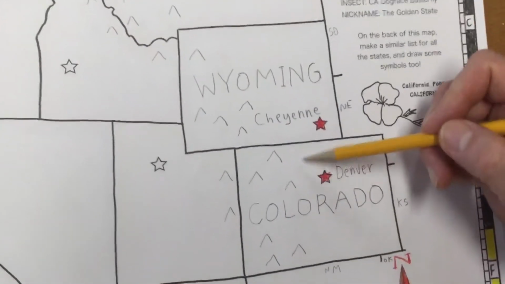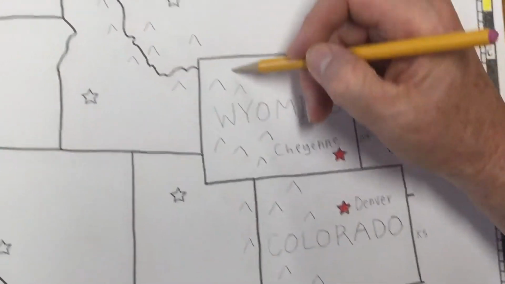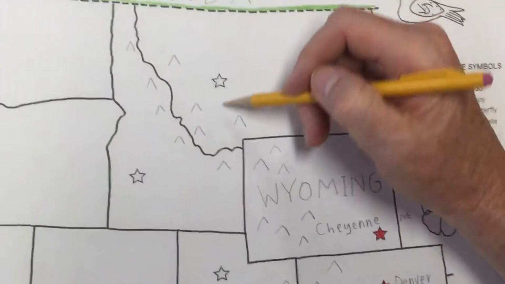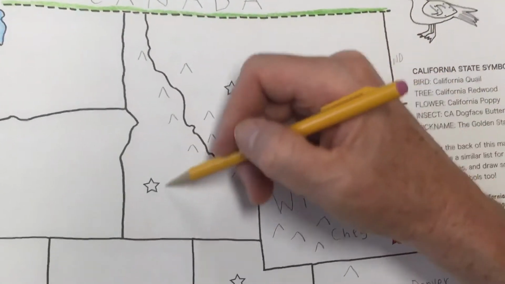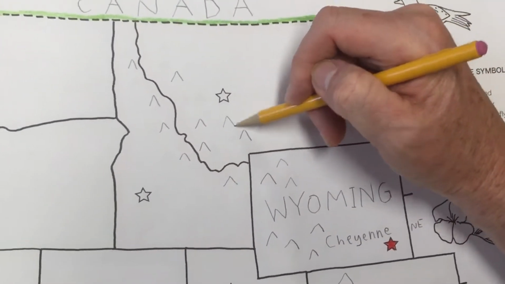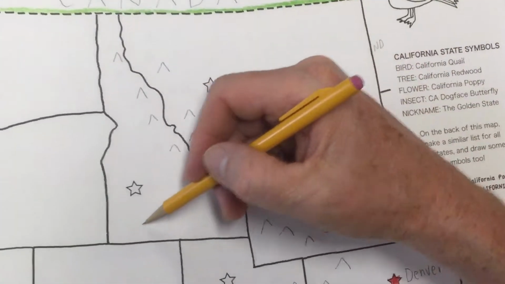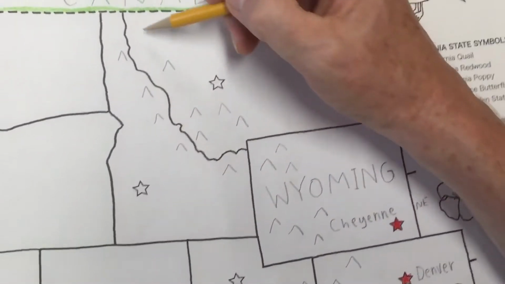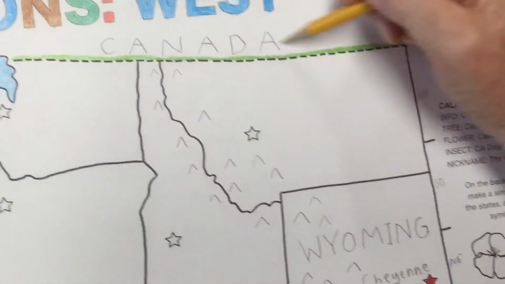And you can see they go through western Colorado, western Wyoming, and I don't want to get in the way of the star for these two states, but western Montana, leave room to write Montana, and Idaho. That shouldn't be a problem. And you can bring it right up to that Canadian boundary line.